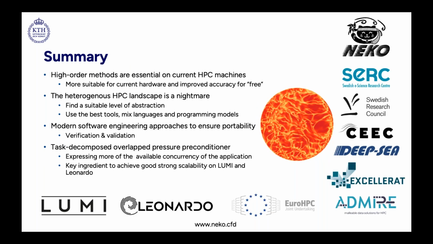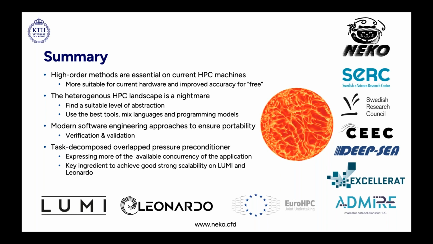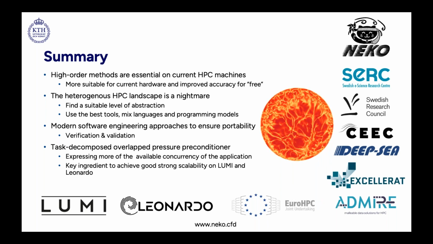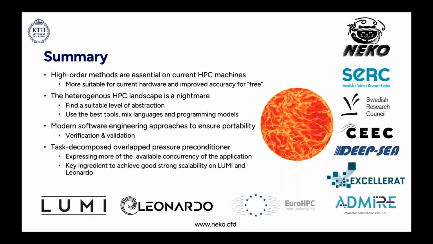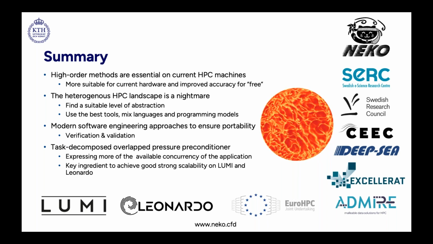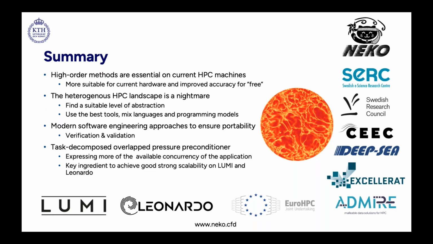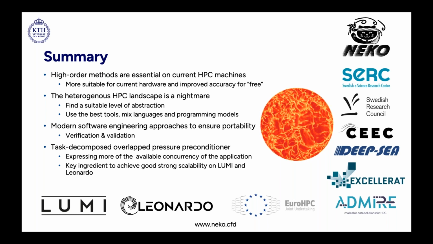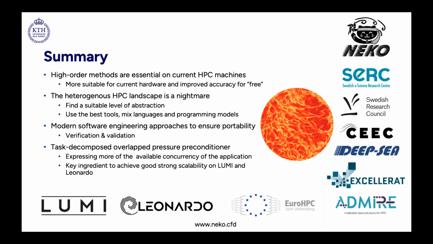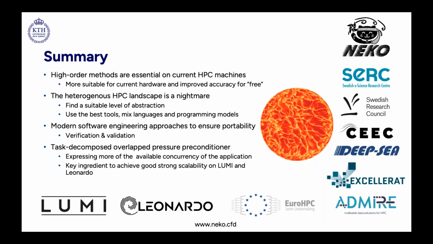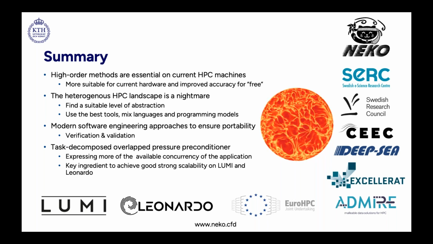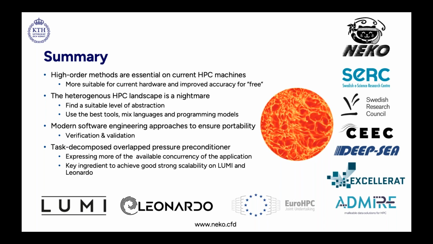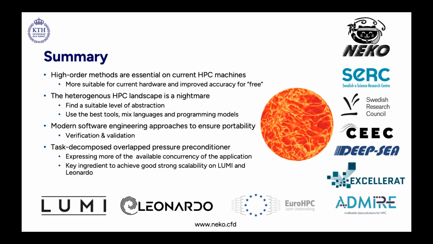So the take-home message is that you probably need high order methods or similar techniques that are good for the hardware. Another thing is that the heterogeneous landscape that we have now, not only CPU and GPU, but also different vendors, is kind of a nightmare. So if you're working on codes, you need to find a good level of abstraction, and you should not be afraid to mix the best languages and programming models that you find, and not be too agnostic that it has to be this method.